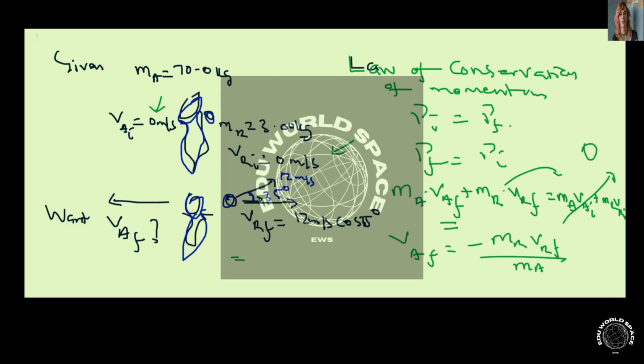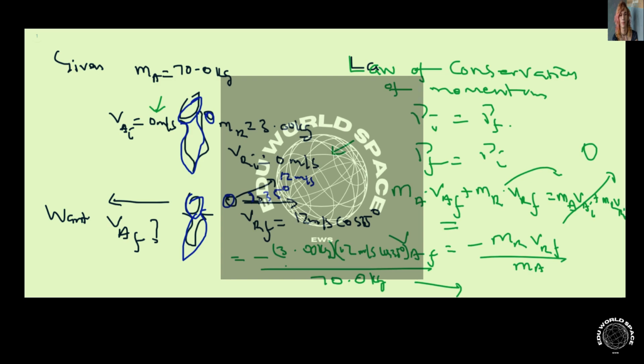And so this changes the problem to negative the mass of the rock, which is 3.00 kilograms, times the velocity of the rock, which is 12 meters per second. That's the velocity of the rock in the horizontal, times cosine 35, and then all of your mass, which is 70.0 kilograms.